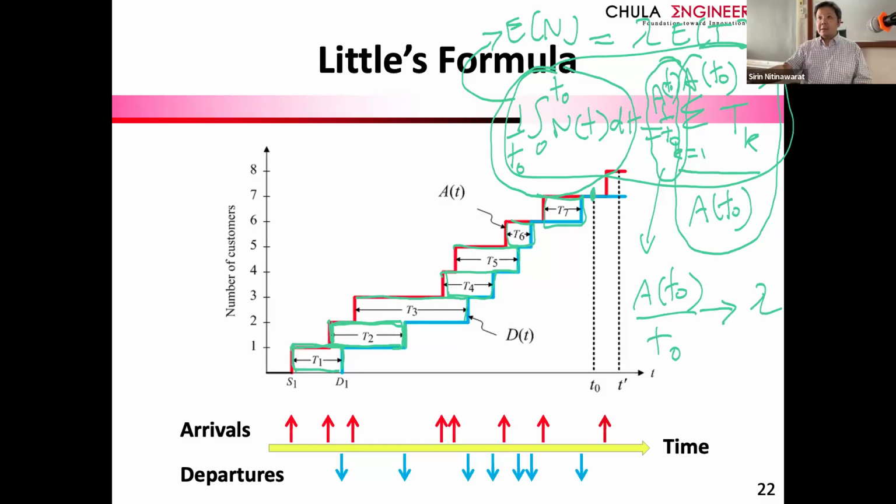So in a sense, that's how you can prove Little's formula. Here, of course, you need to take T0 to infinity to get the full average. But basically, that's the idea. The nutshell of the proof is to relate vertical integration to horizontal sum.